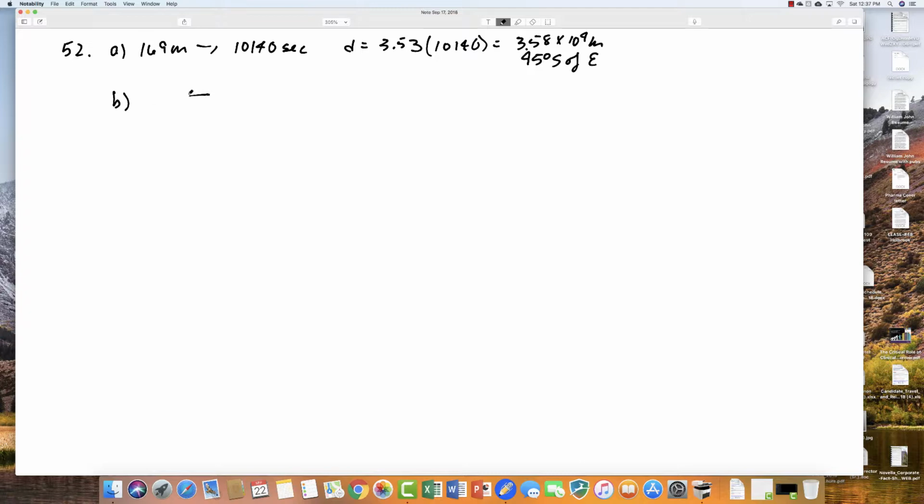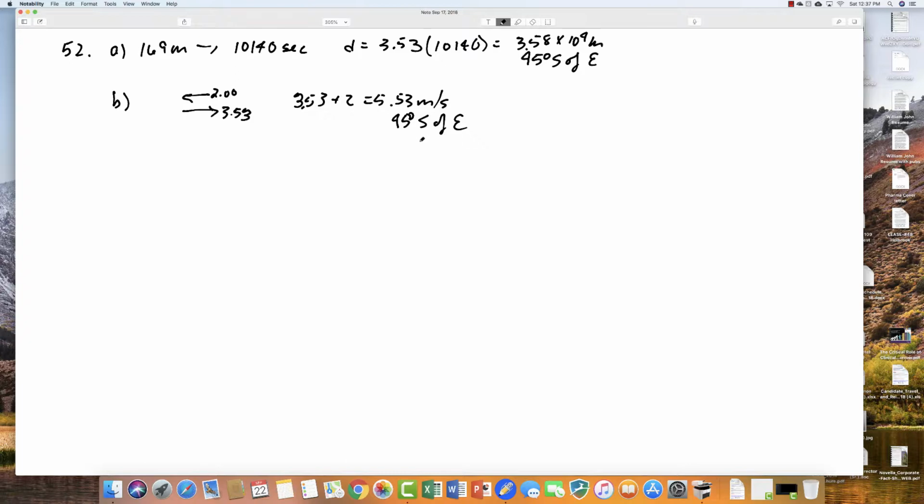Well, the air is going this way at 2 meters per second, and he's going this way relative to the earth at 3.53, which would mean that he would have to be actually going 3.53 plus 2, or 5.53 meters per second in a 45 degree south of east direction relative to the air.